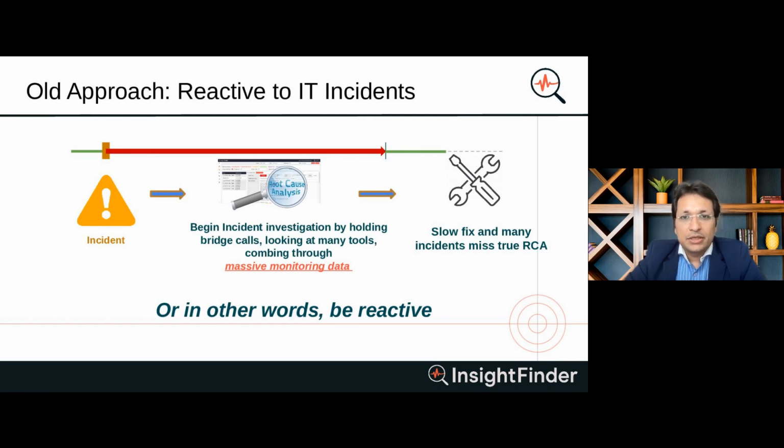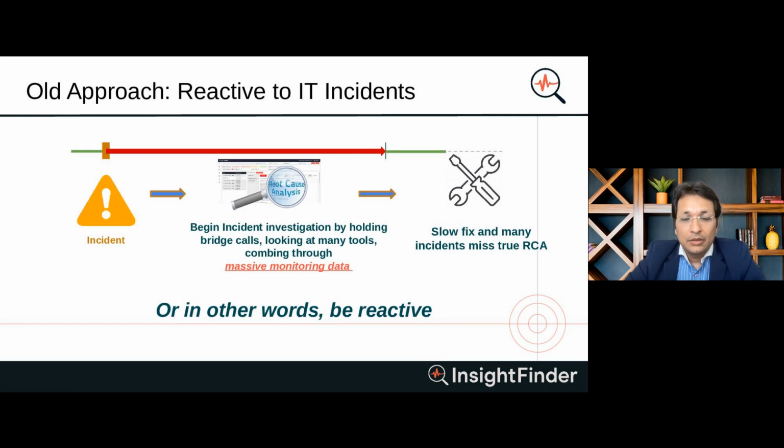Later in the stage, we also started using anomaly detection, which is definitely a good thing. But that anomaly detection is used to understand the root cause of the problem after the problem has happened. It may help you find the root cause a bit faster than before, but it's still a reactive approach.